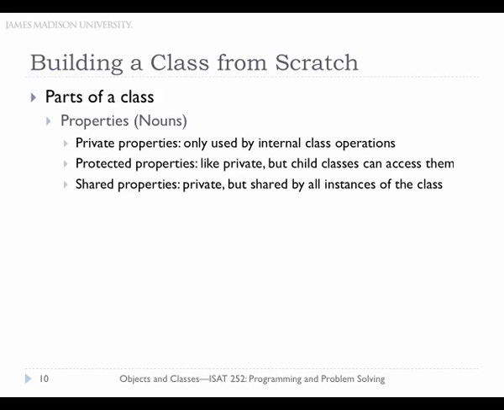Usually it's for some sort of static value that is not going to change depending on which instantiation of the class you use. I'll have an example of that in the video later on.